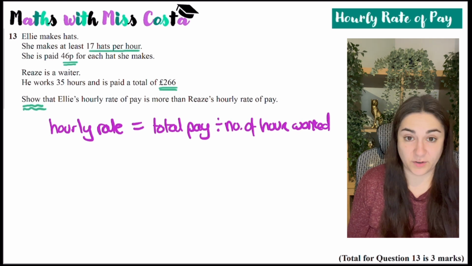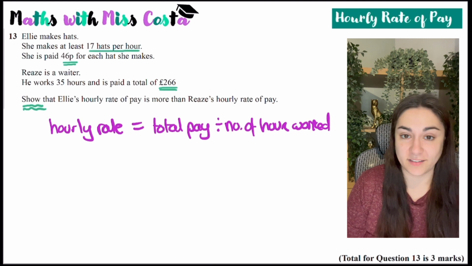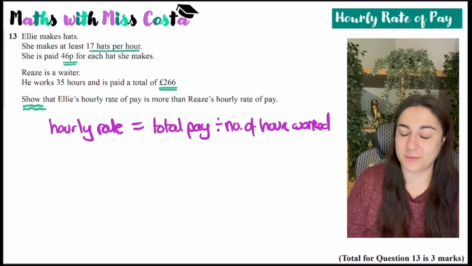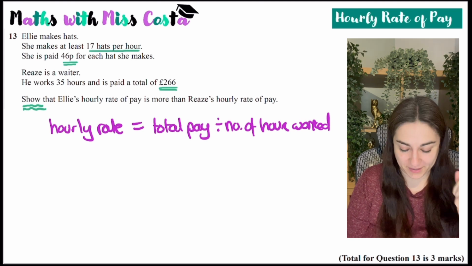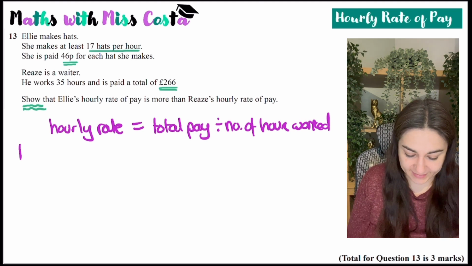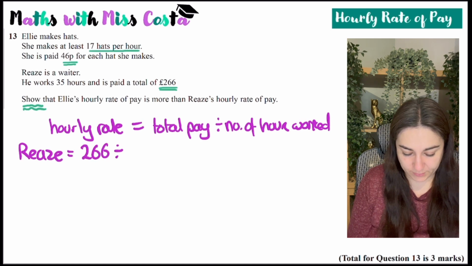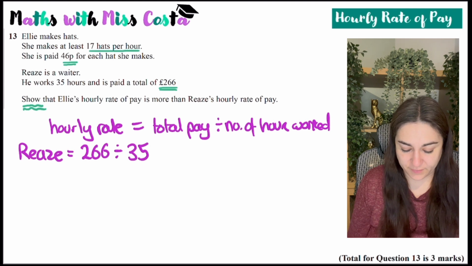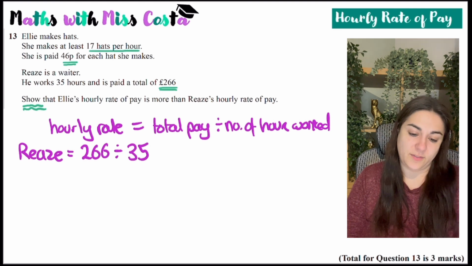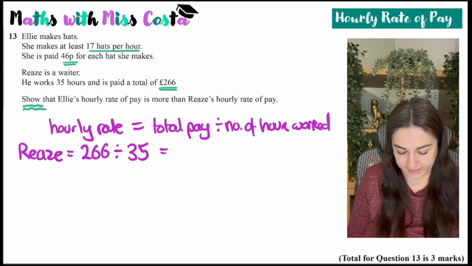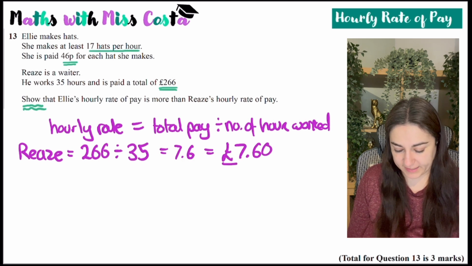That's how, when you first start having a job, you can work out your total pay divided by how many hours you work, and that will tell you how much you get paid per hour. So Riaz's rate of pay is going to be 266, which is his total, divided by 35. And 266 divided by 35 gives me 7.6. So 7.6, if I turn it back into money, is £7.60.